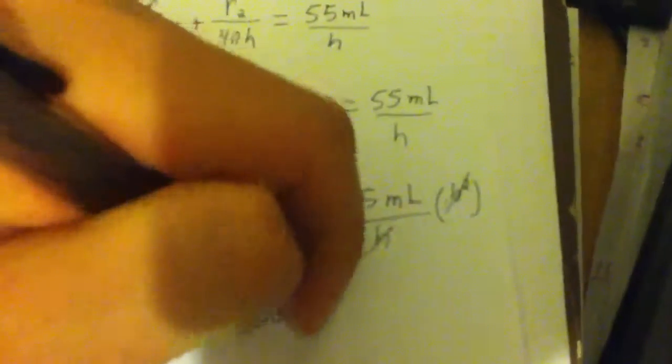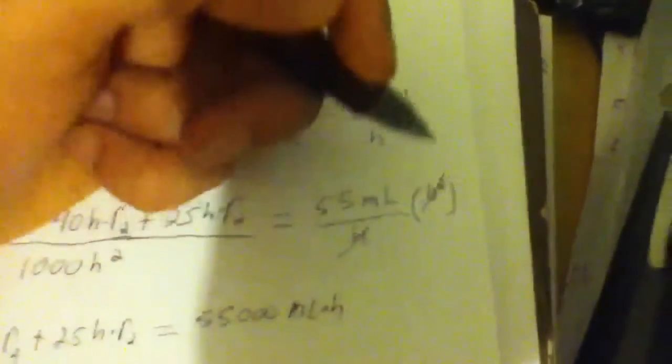An h cancels out there, and this h cancels here, so we're just going to have milliliters times 1h. Okay, so now we cleared that fraction.